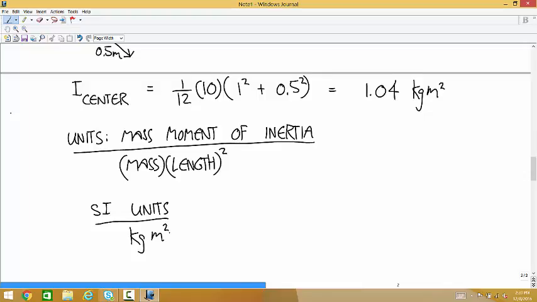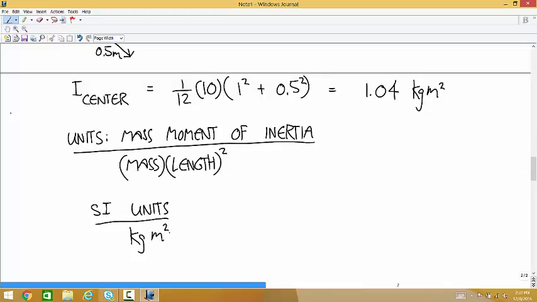Okay, so if you're rotating a rectangle about an axis at its center, this is how you do that calculation. But what if it's not rotating around the center? You could imagine taking this rectangular shape and bolting it to the wall, and it can rotate around the bolt.